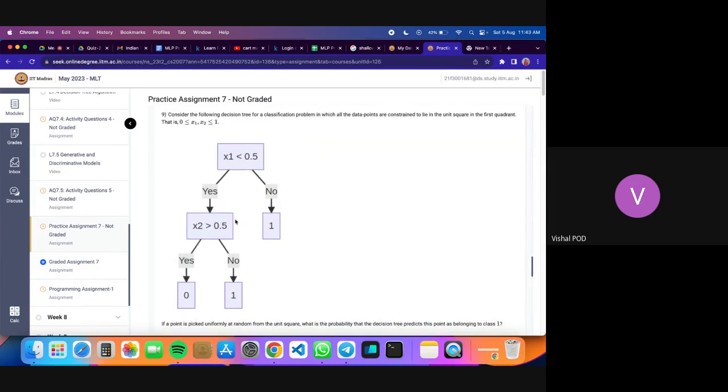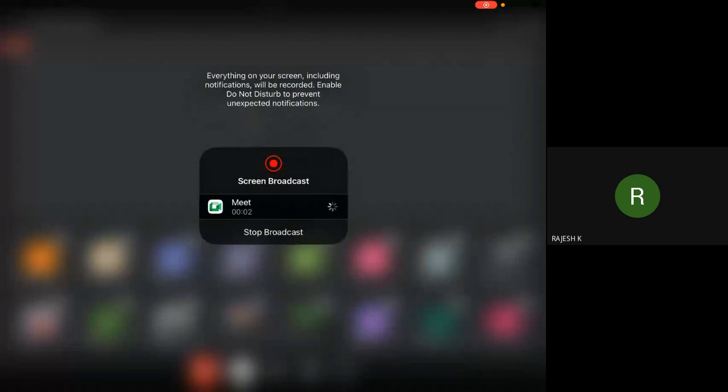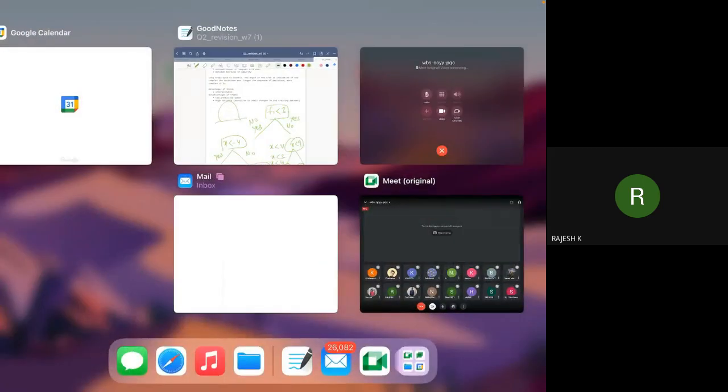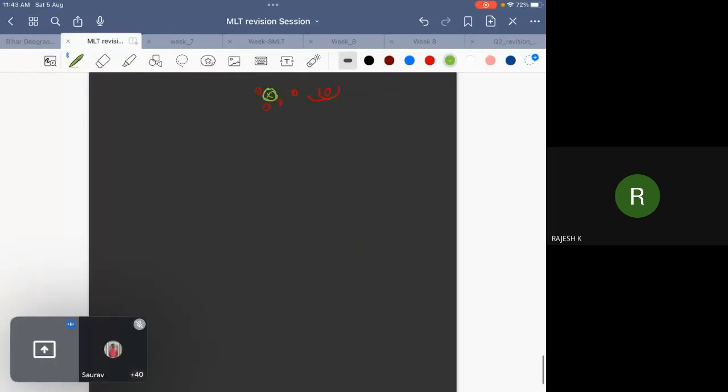Let me set my screen now. So the boundary was something like this. The first case starts with x1 less than 0.5, so this is 0.5.